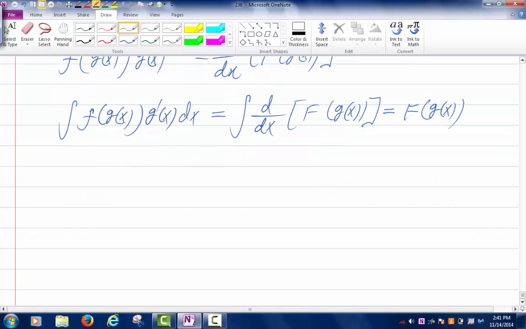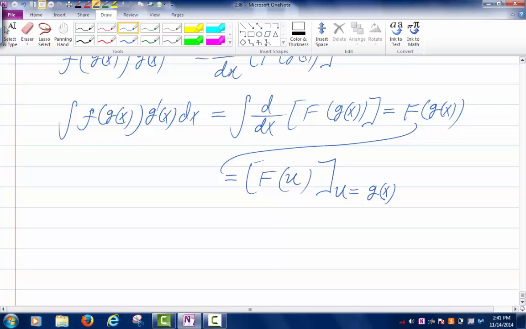Okay, so what I'm going to do is write capital F of g of x in the following way. Notice that I can think of that as capital F of u, and then I am taking u to be g of x, right? You agree with that? If I write capital F of u, I'm basically evaluating the function capital F of u at g of x, in order to get capital F of g of x.